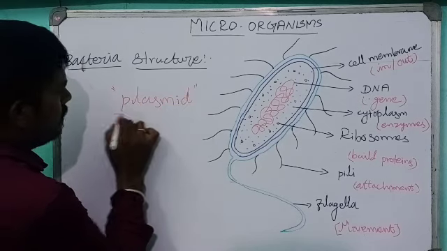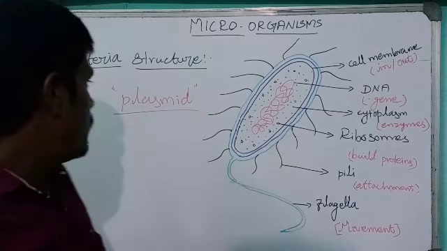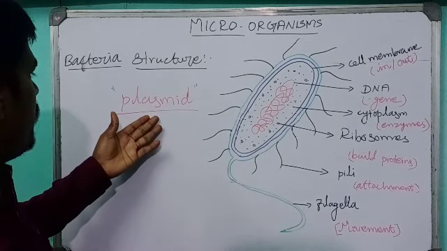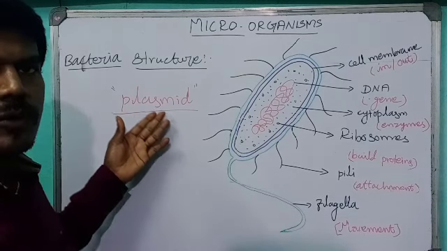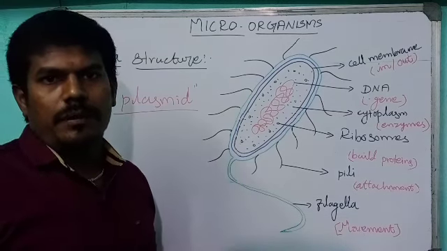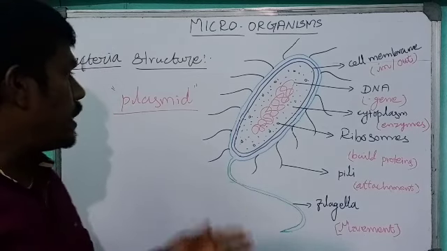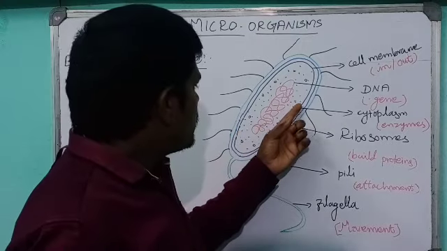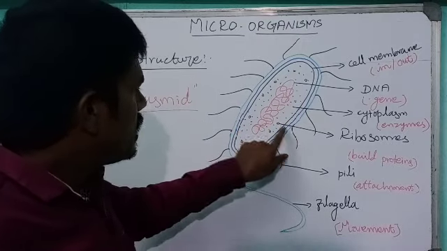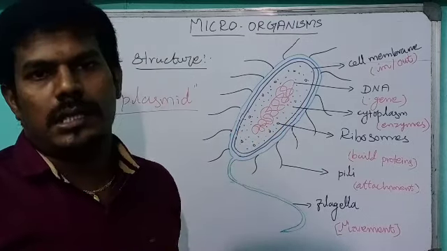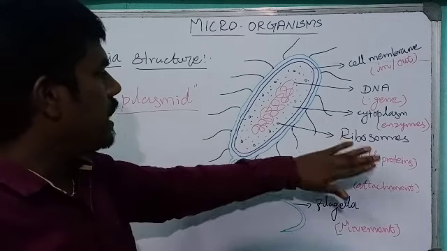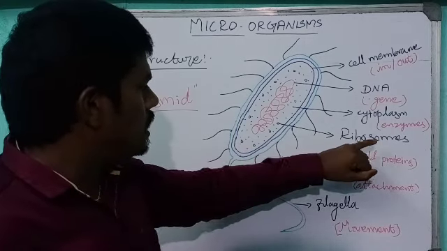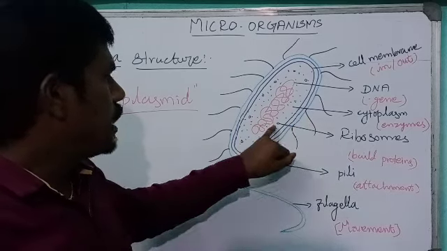If you study it in more detail in higher studies, this plasmid is utilized in biotechnology and cloning technology as a vector. And then the ribosomes are present. The ribosome carries out protein synthesis. The ribosome is also present in the cytoplasm.